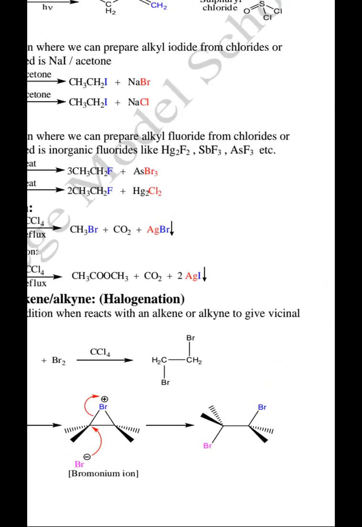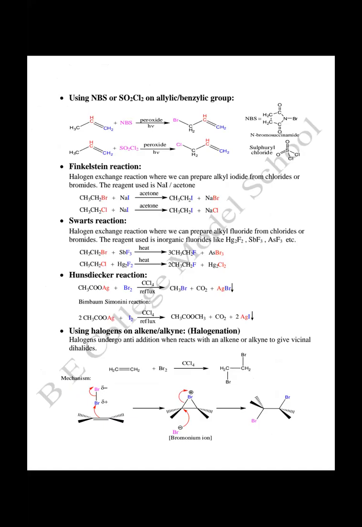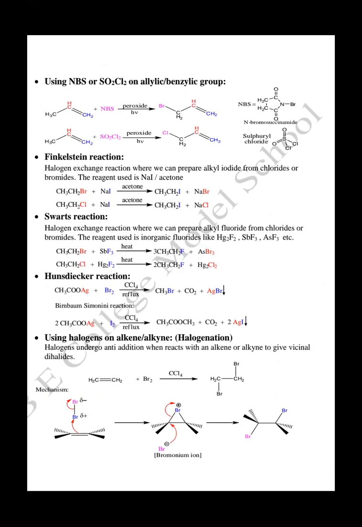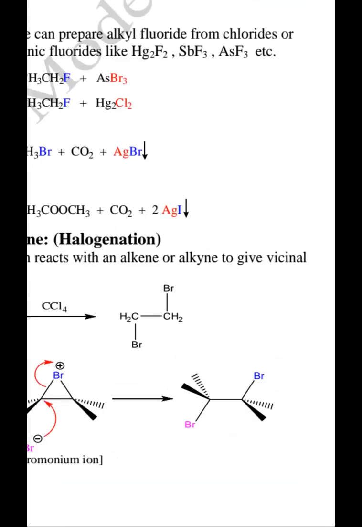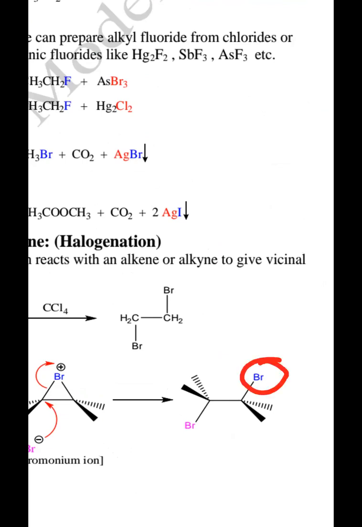This is a process by which we can prepare vicinal dihalides. Vicinal dihalides means where the two halogens are placed on carbons which are adjacent to each other. So this is one carbon, this is another carbon, which are adjacent to each other, and these are called vicinal dihalides.